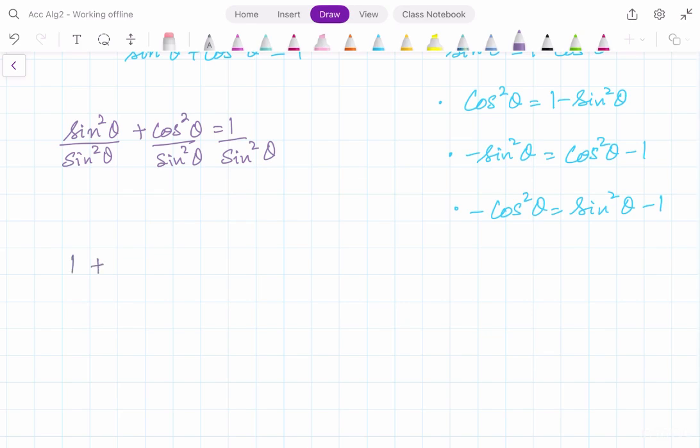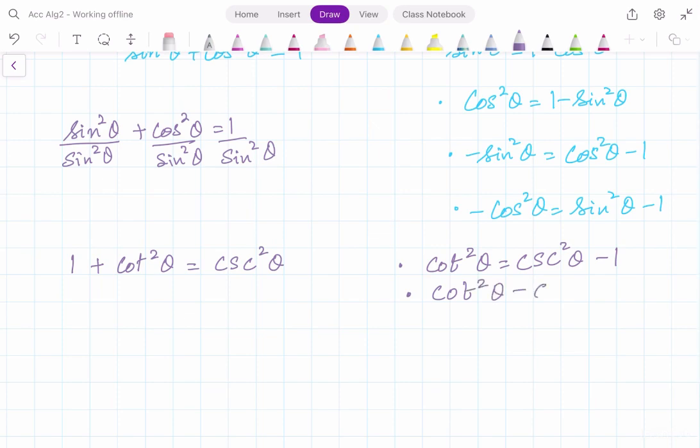And then we know cos over sine is cot squared theta, and 1 over sine is cosecant squared theta. With this new identity, I can derive a few more just by manipulating them. On the right hand side, I'm writing more identities based on 1 plus cot squared theta is equal to cosecant squared theta.